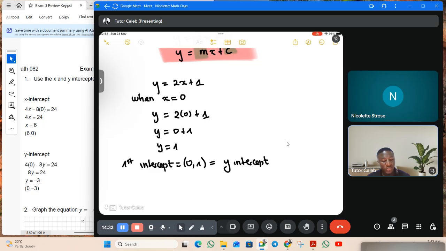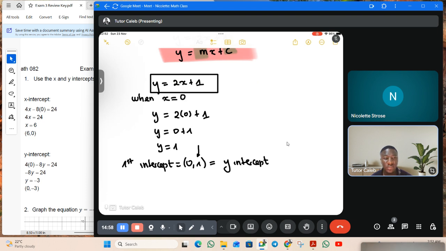Because this information tells us that this line will cut, remember what's an intercept? It cuts the y-axis at the point 0, 1.